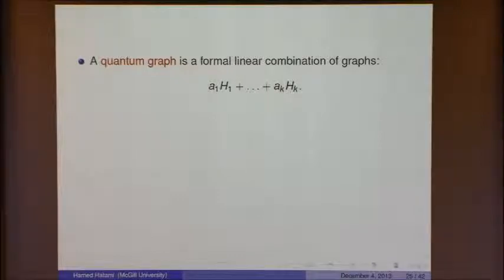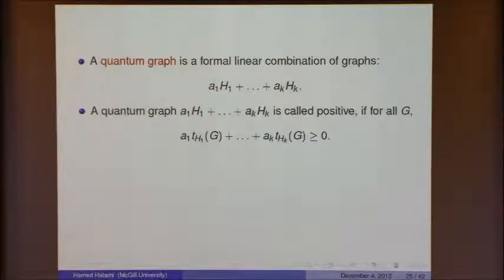There's no semantics here. It's just a definition. Now, we call it positive if for every graph G, the following identity holds. So our goal is to understand what this set of positive quantum graphs is. For example, Goodman bounds correspond to the fact that this quantum graph is positive.